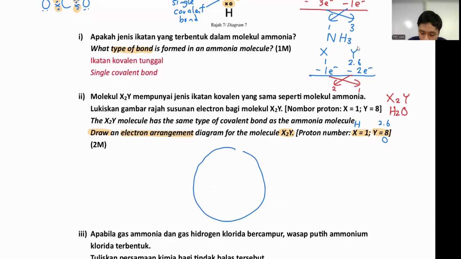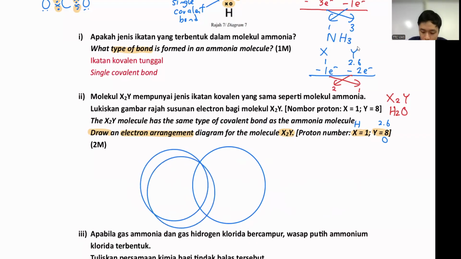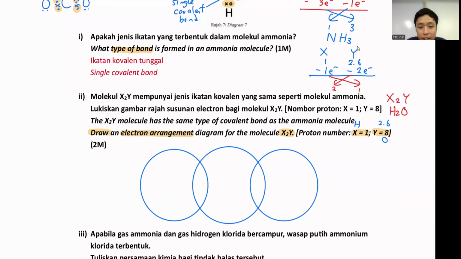Basically, like this. This is, let's say, Y. Then left and right, you got X. Okay, so this is X, which is the 1 electron one.